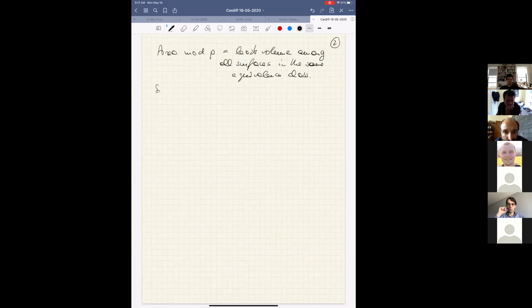Okay, so there's now an important side remark. For a very long time, till 2018, this closure definition was the only definition available.